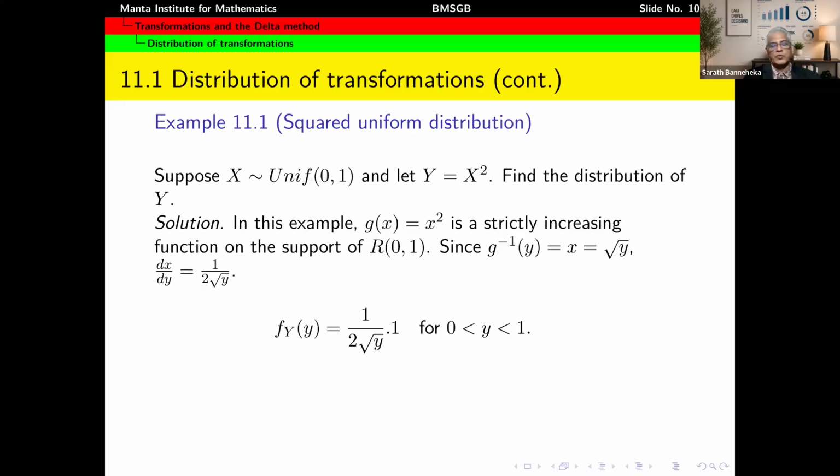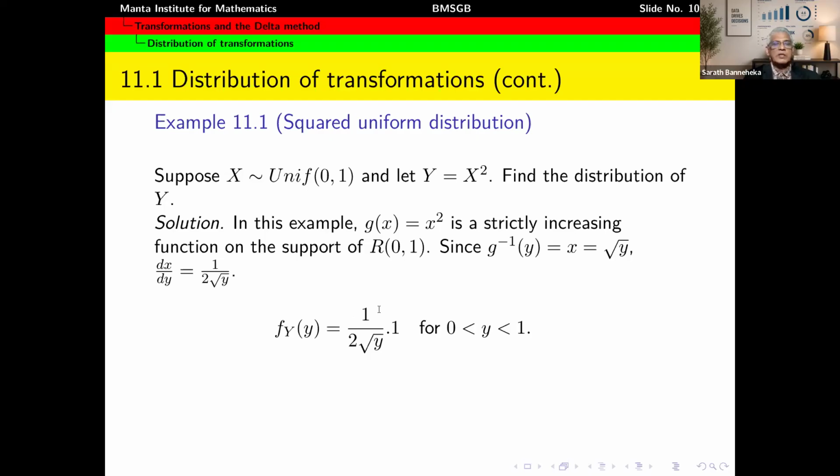So when you apply the formula, the density function of y evaluated at y is equal to, first of all, the density evaluated at g inverse y. But in this case, the density of x, f of x, is just 1. Right? So therefore, that's this one. It's not going to be a function of x in that case. So it's just 1.